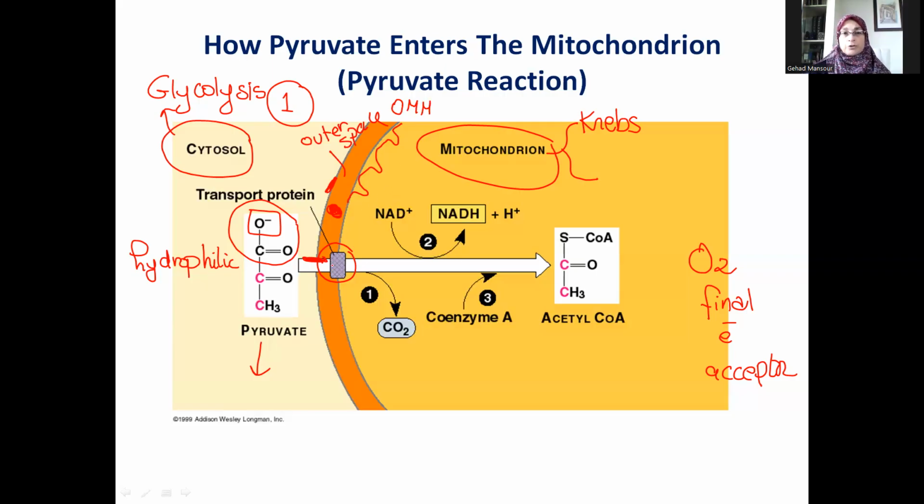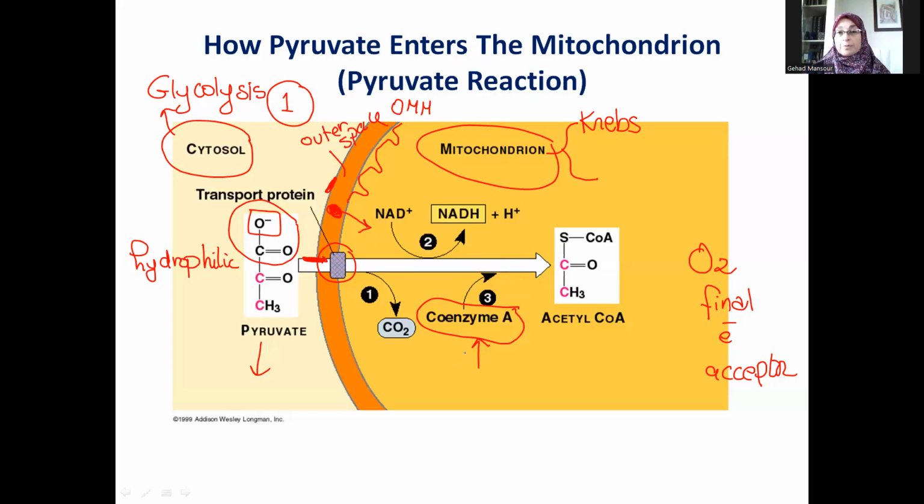And then in order for pyruvic acid to diffuse through the inner mitochondrial membrane, there is a shuttle molecule that is called coenzyme A. That coenzyme A will help pyruvic acid to pass through the inner mitochondrial membrane.